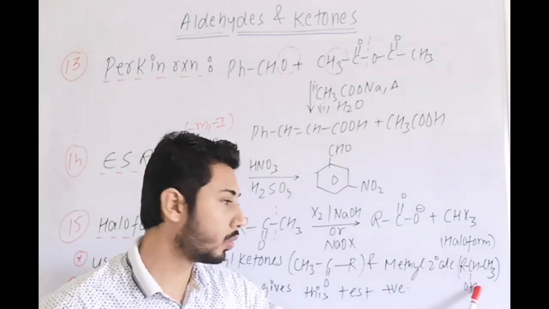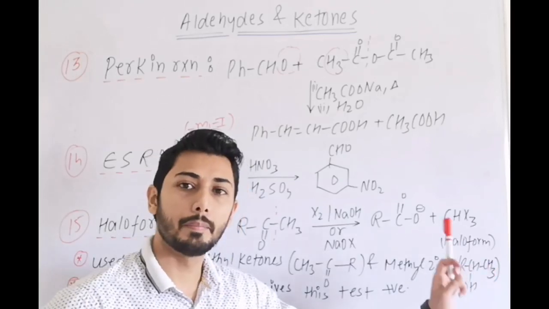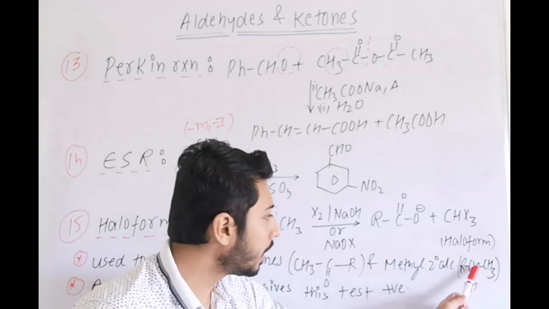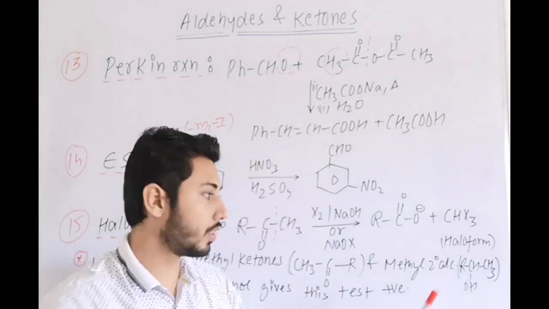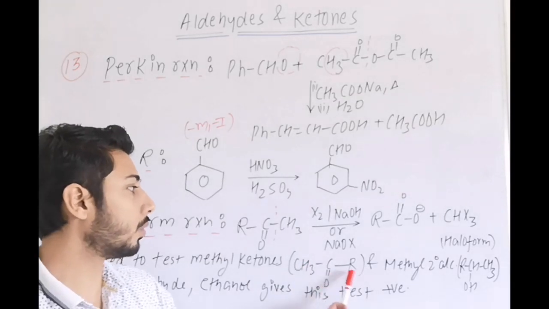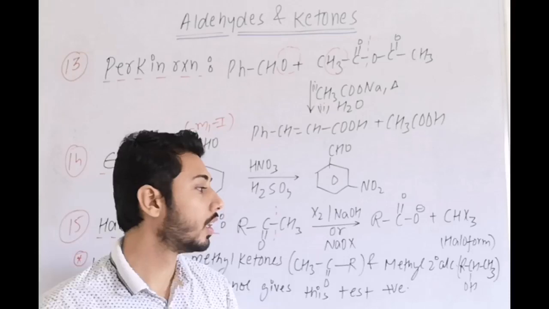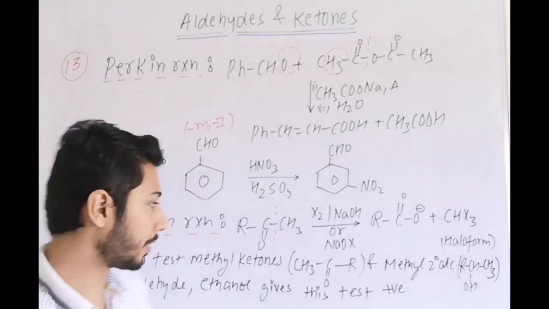CH3, CHOH and R. Now how it is giving iodoform test? It oxidizes it to next step, that means to this one, CH3 C double bond O R. That is why methyl secondary alcohols can also give this test positive.